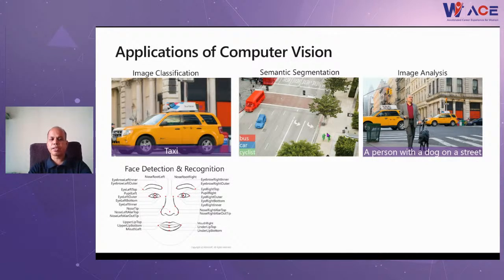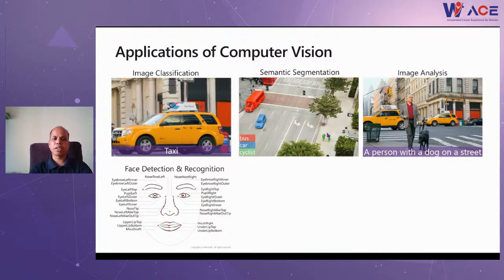Another area is face detection and recognition. I'm sure most of us visit shopping malls, airports, hospitals. So when we enter somewhere, how does someone determine by looking at our face remotely?